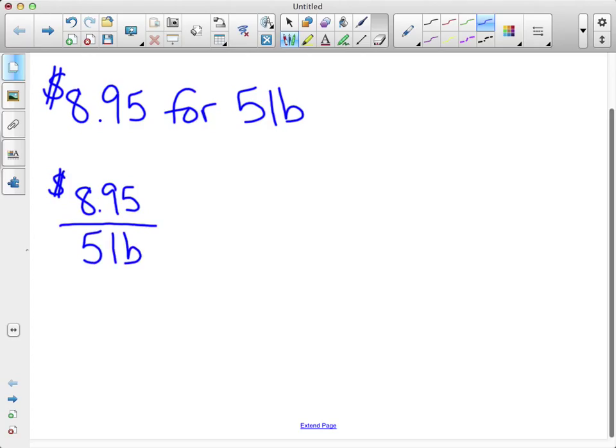To figure out how much per pound, we're going to do the division. So off to the side here, let's do some long division. $8.95 divided by 5.